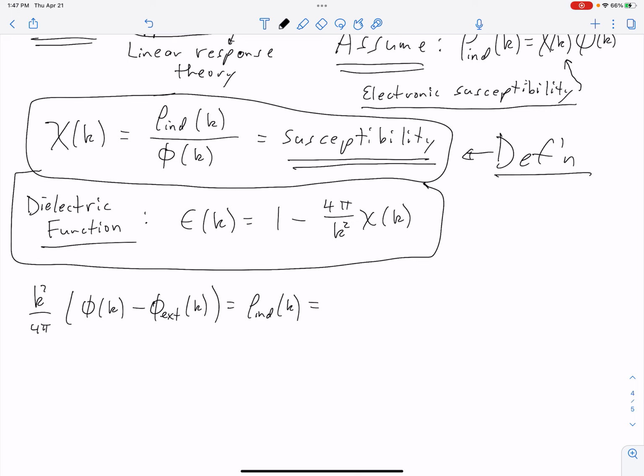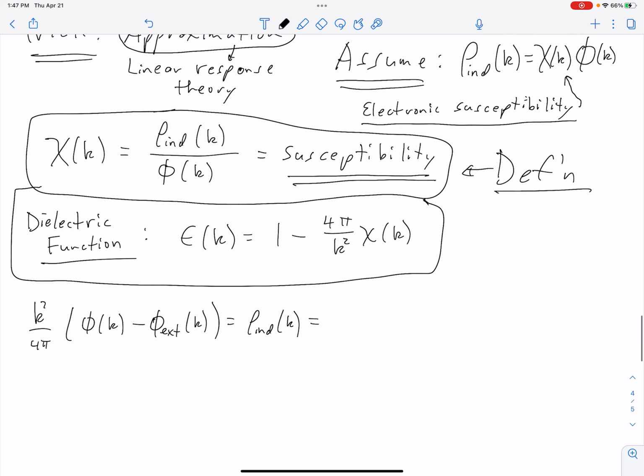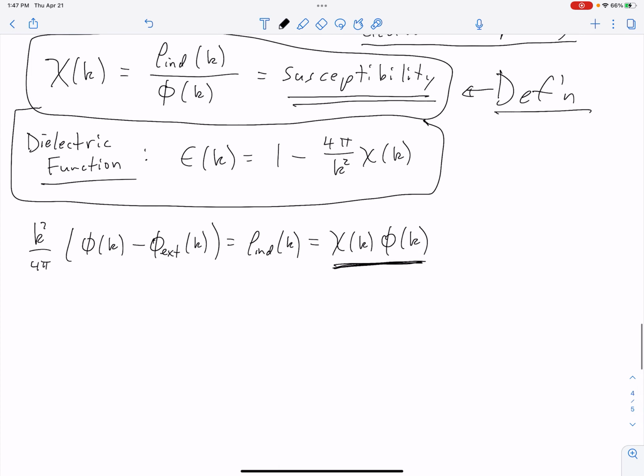Now we can write that as chi of k times phi of k. So now that we have this new definition of susceptibility, we can rewrite the induced charge, and that's very helpful, because now we can substitute it in like that and simply solve for the potential phi of k.